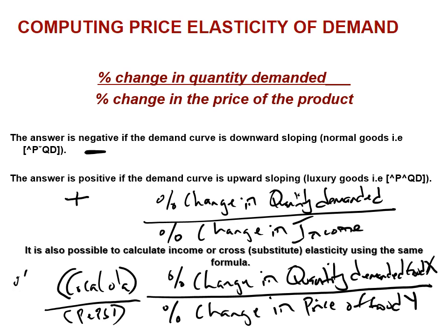Okay, so this is percentage change in quantity demanded of Coca-Cola divided by percentage change in price of Pepsi.